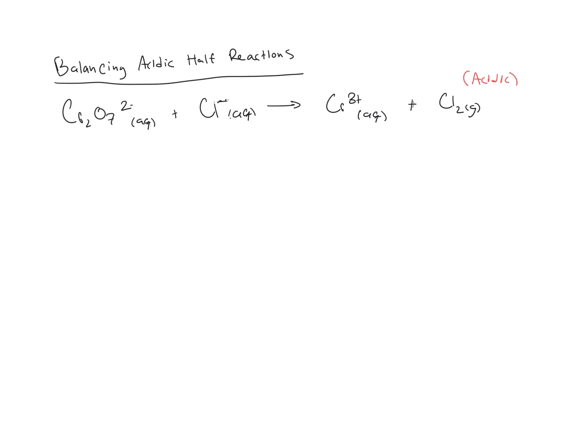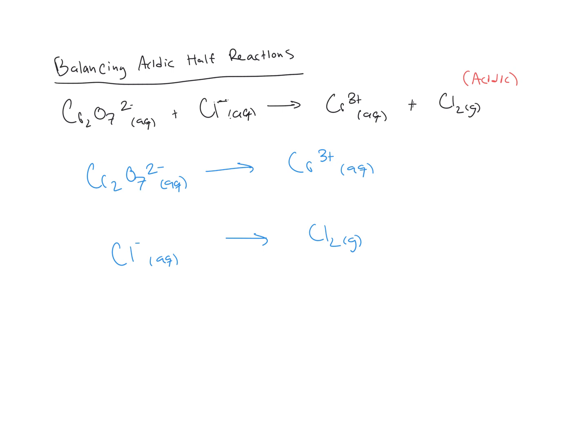For one reaction, we have Cr2O7 2- reacting to form chromium 3+. In our other reaction, we have Cl- reacting to form Cl2 gas.